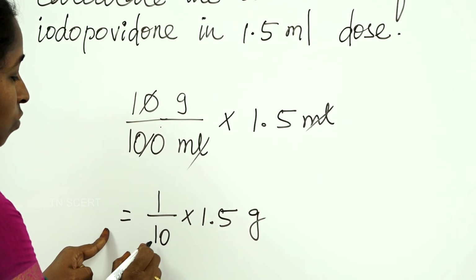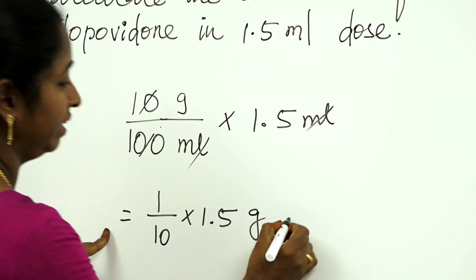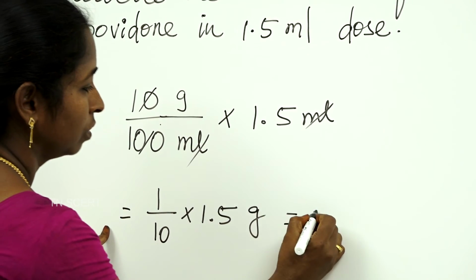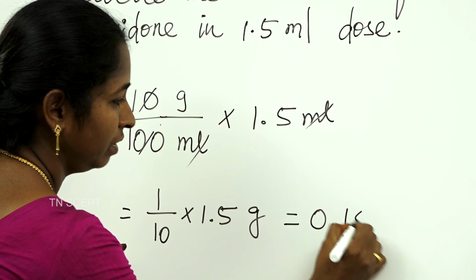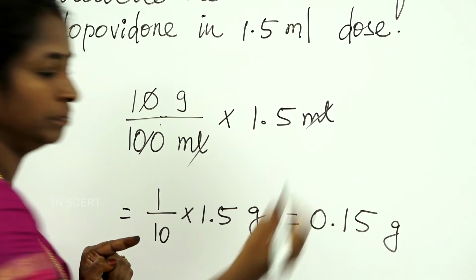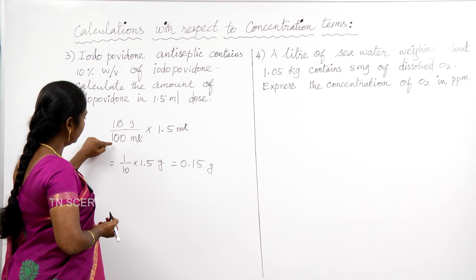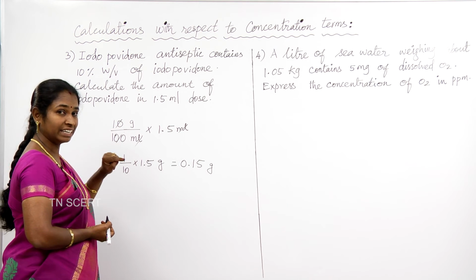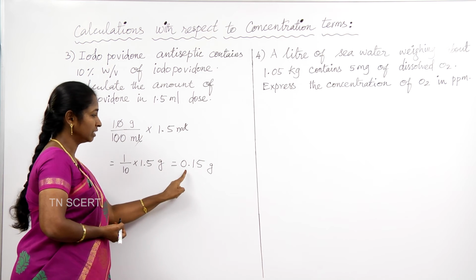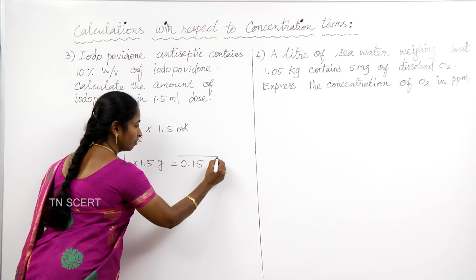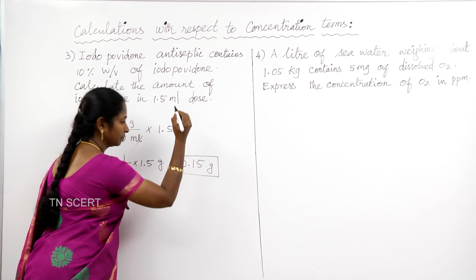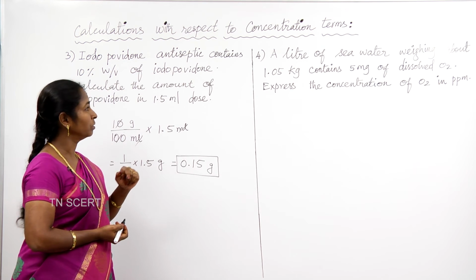So, what is the value of 1 into 1.5 divided by 10? It is equal to 0.15 gram. Am I right? So, this is a very simple problem. 100 ml of the solution contains 10 gram. So, 1.5 ml of the solution contains 0.15 gram. Right. What is the next problem?